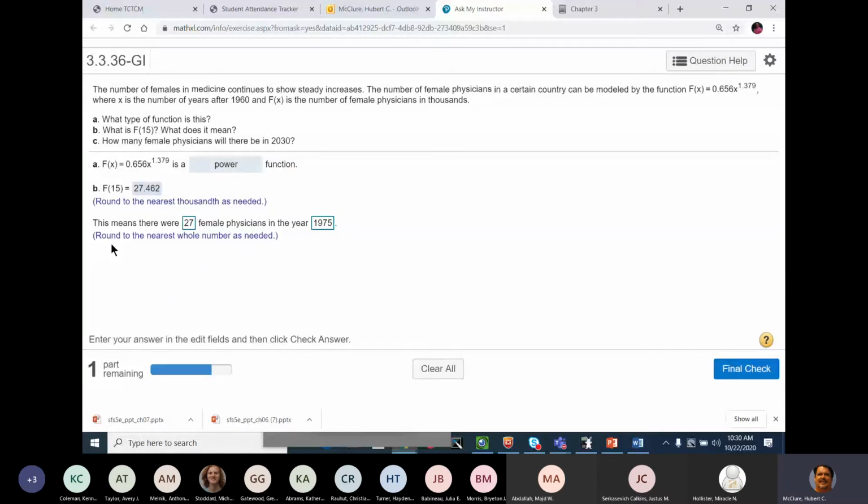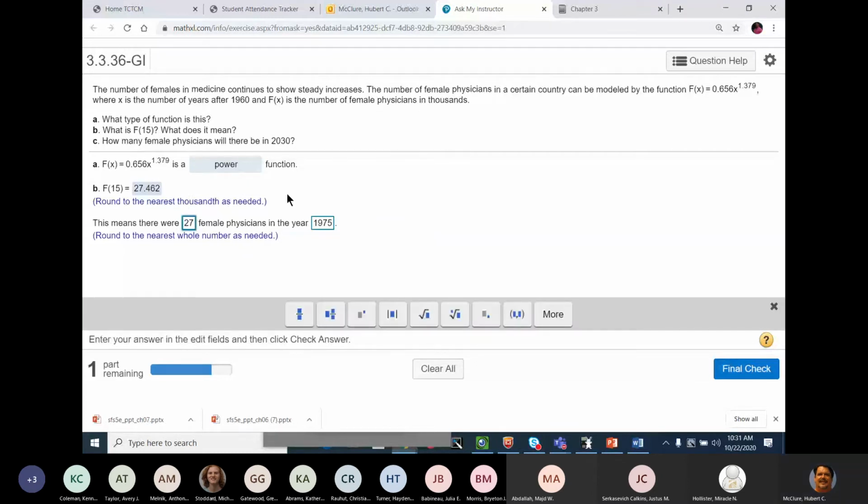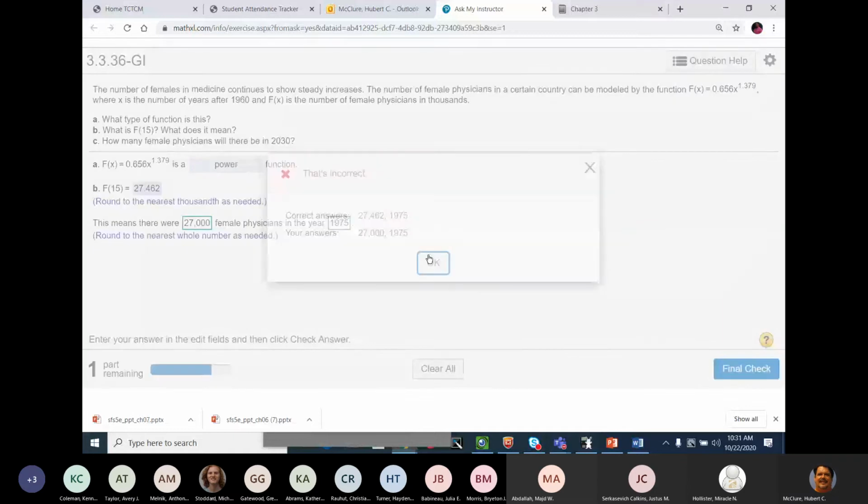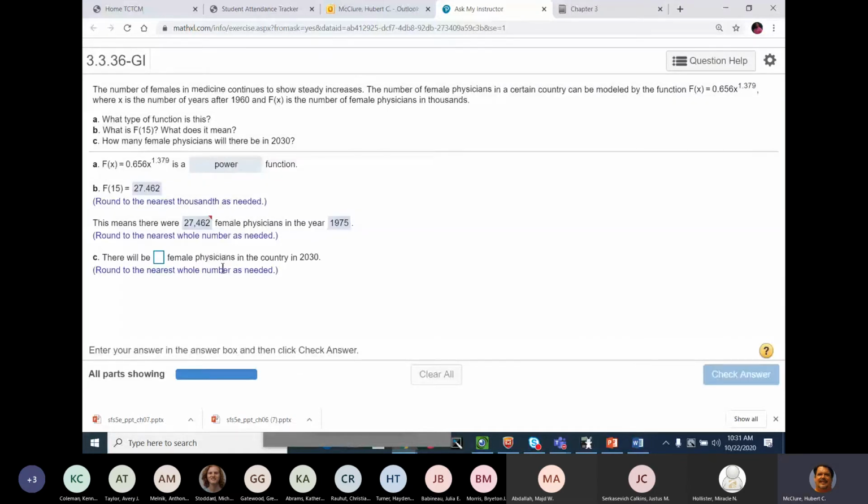It says round to the nearest whole number as needed. What is 15 plus 60? 75. Oh, thousands. So 27,000. Okay, whatever.